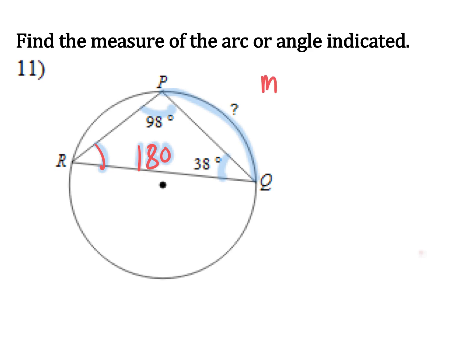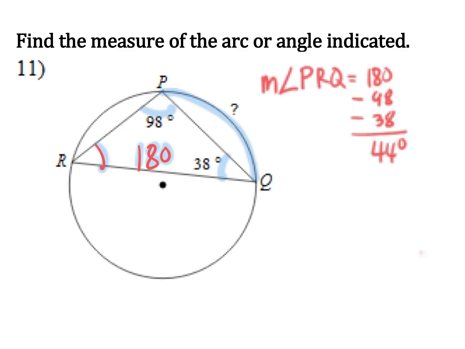So the measurement of angle PRQ is equal to 180 minus 98 minus 38. So that's going to give me 44 degrees. So this is 44.